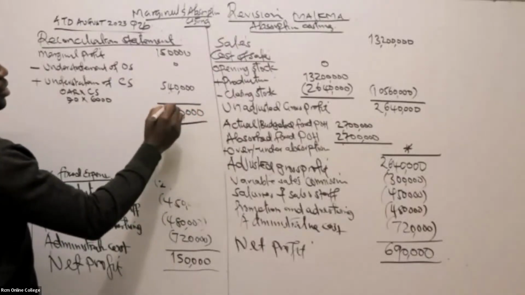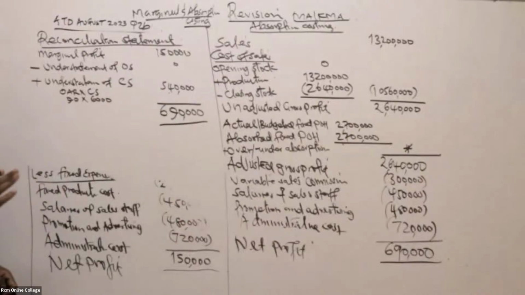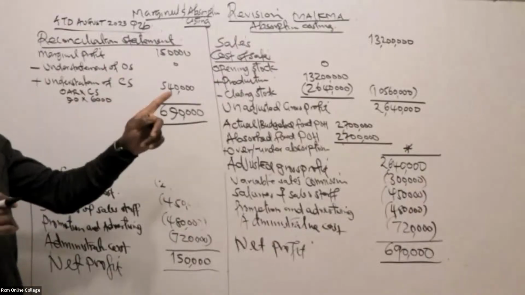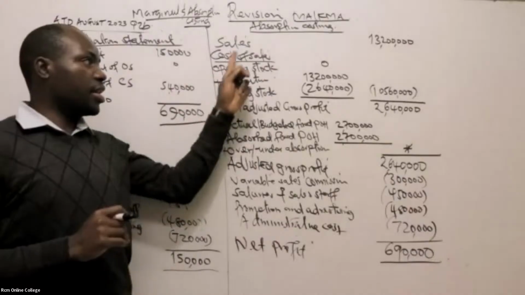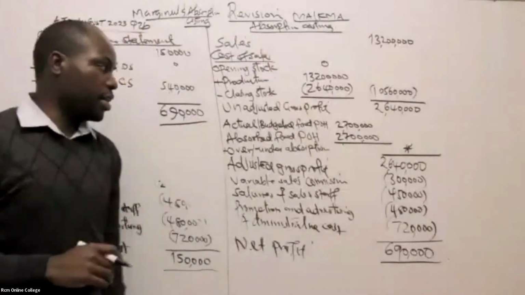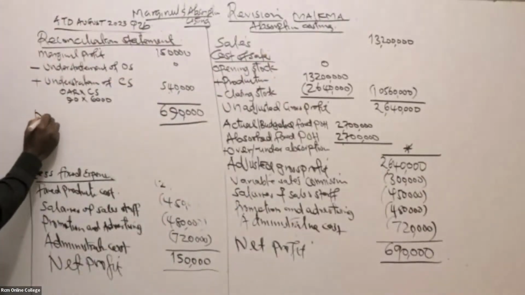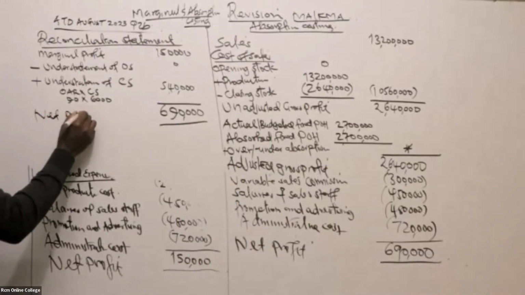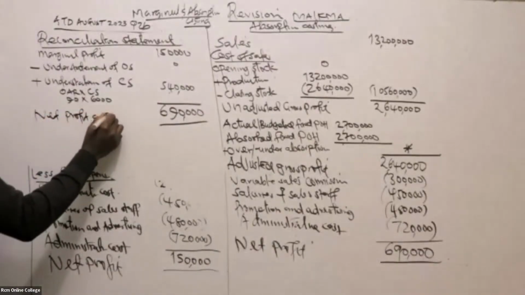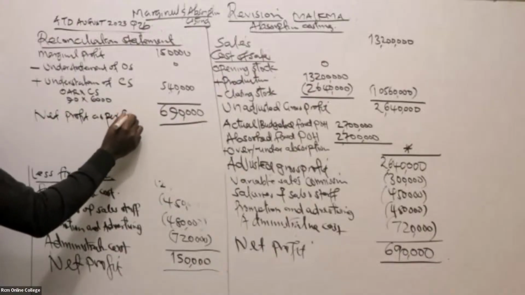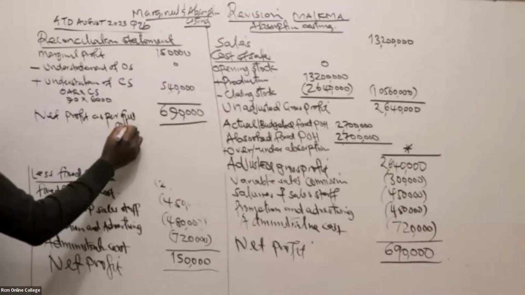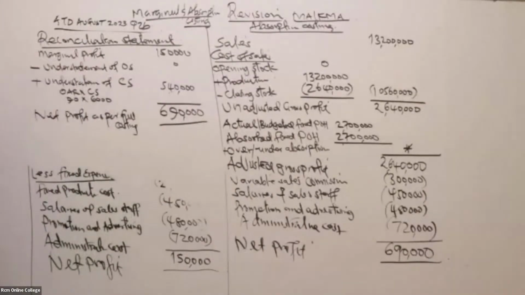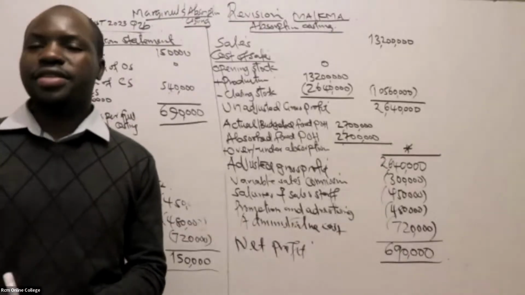Did you manage to get this 690,000 anywhere under the two methods? Yes, the 690,000 is our net profit as per full costing method. That's how you prepare a reconciliation statement.